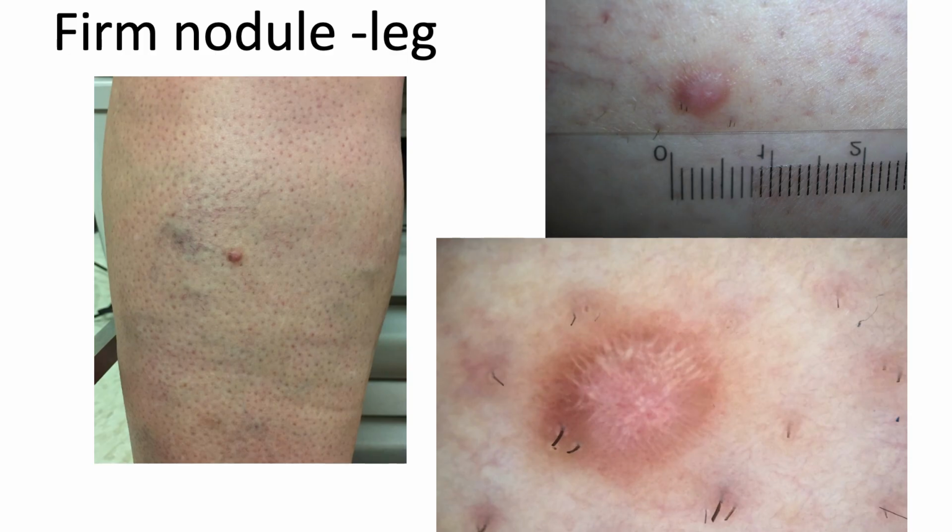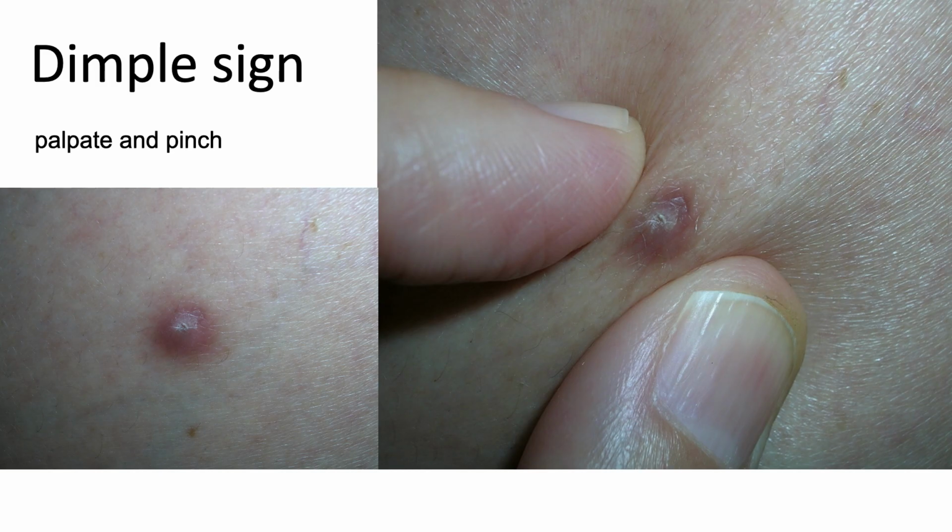This firm nodule is on the lower leg of a woman. We see the clinical images and dermoscopy. In the dermoscopy, we see a fine reticular network, and we see this central scar appearance. If we pinch it and palpate it, it's firm and it umbilicates, or it dimples.